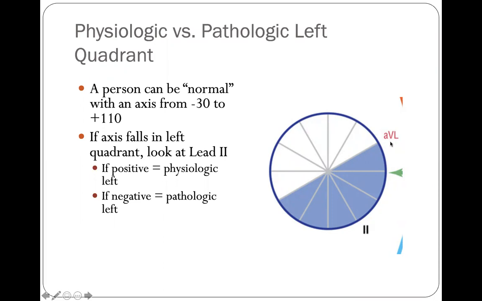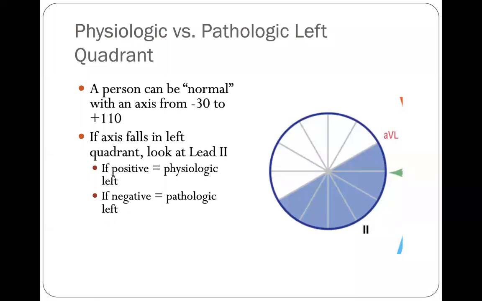If, on the other hand, they are from -30 to -90, then we would say they have a pathologic left axis deviation, and that means there is a problem. The 0 to -30 would not necessarily denote a problem, but the -30 to -90 would.